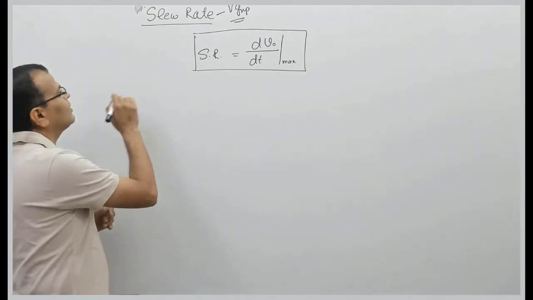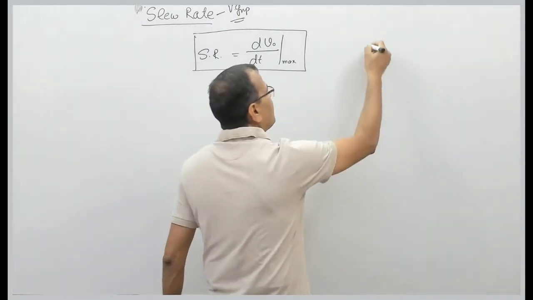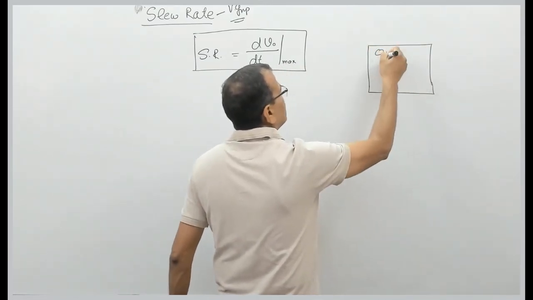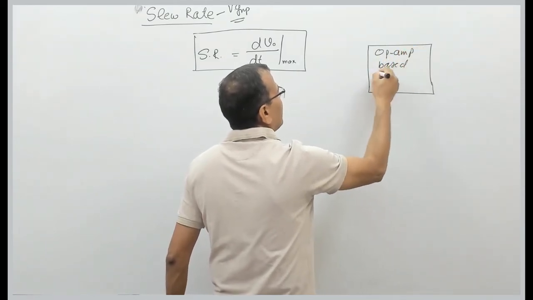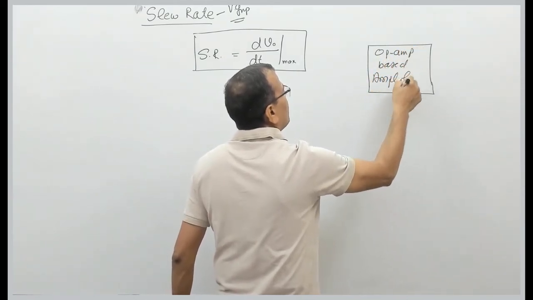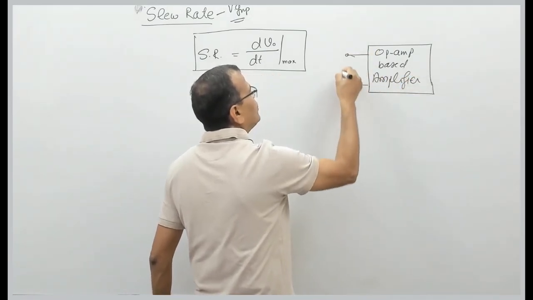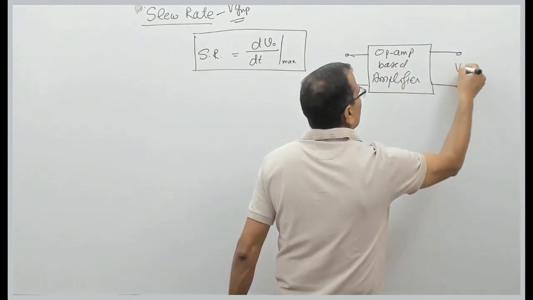So let us talk about sinusoidal signals. Suppose I have an amplifier which is an op-amp based amplifier. We will be talking about op-amp based amplifiers only. So we have input signal Vi and output signal V0.